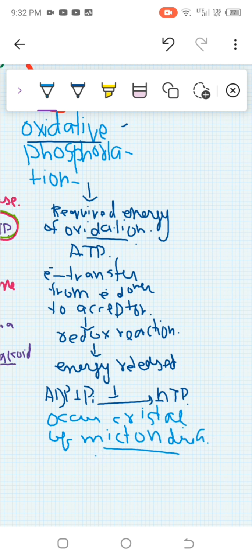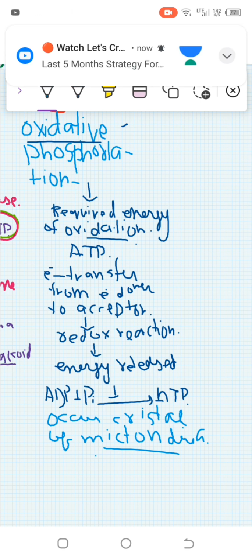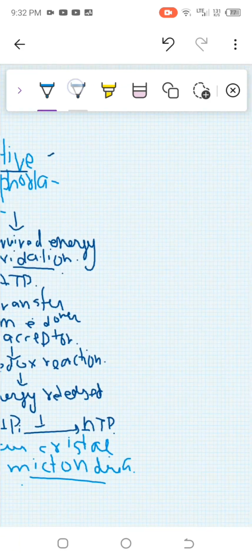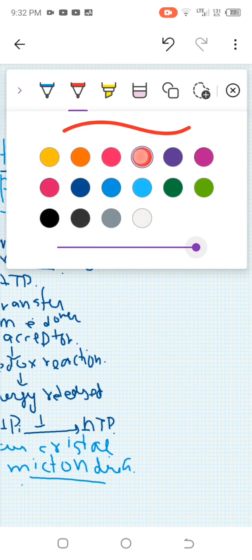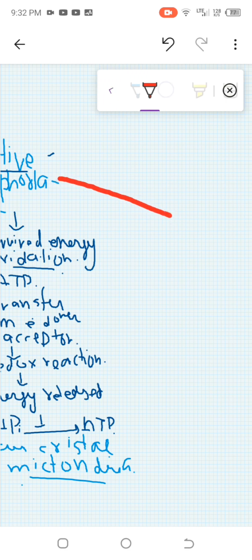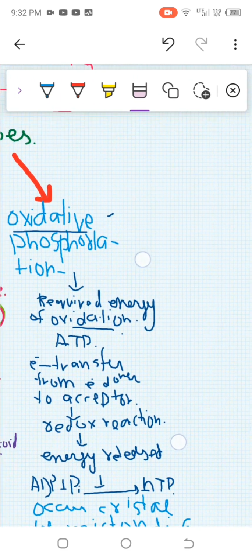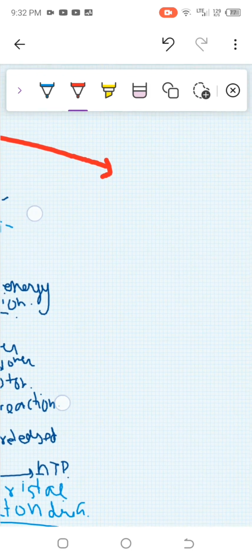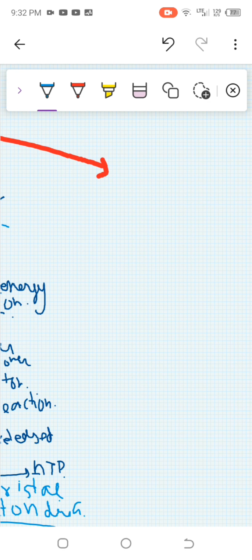Moving toward the third type, that is substrate phosphorylation, substrate level phosphorylation.